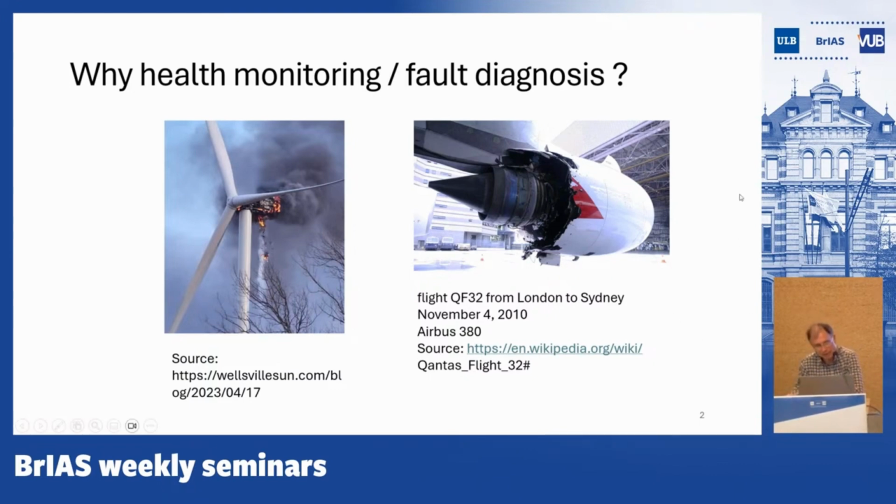Another example is the accident that took place on the Qantas flight from London to Sydney quite some time ago.